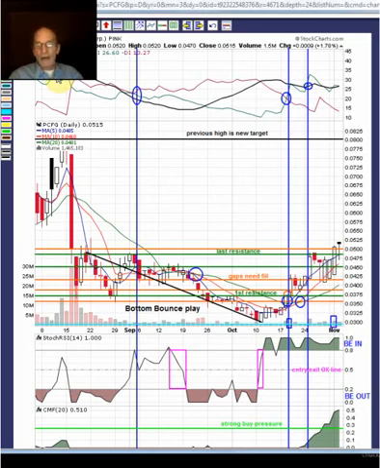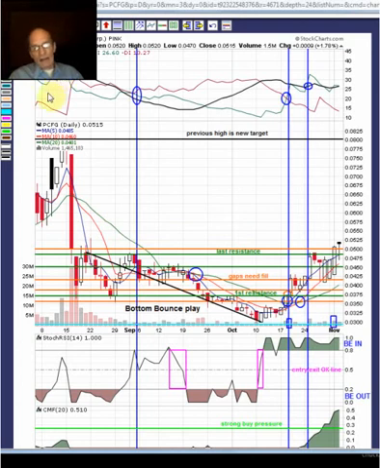And you get a confirmation that this reversal in trend is going to continue when your ADX turns and moves in the same upward direction as the trend indicator on top.